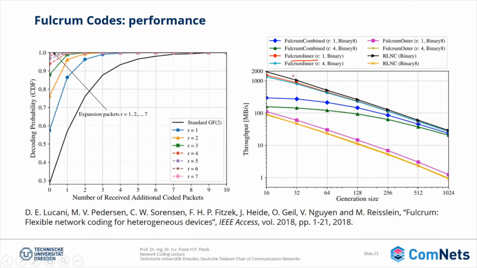But the decoding probability is very low compared to the high finite field, as shown in the figure on the left. The question is how to improve the throughput of Fulcrum codes or reduce the complexity while maintaining the high decoding probability.